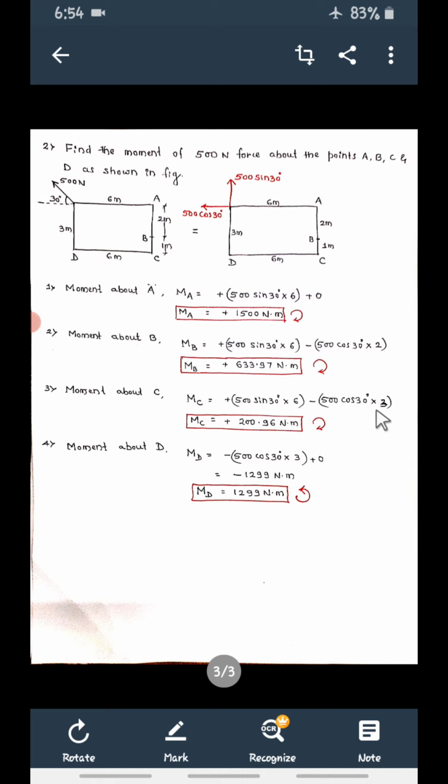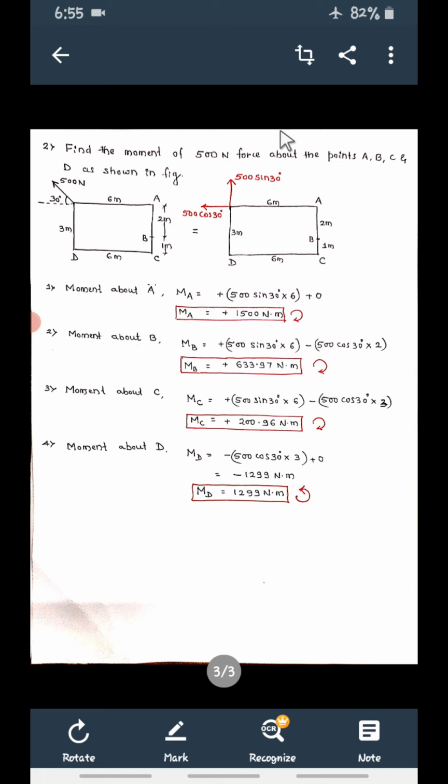Again you will get plus 200.96 Newton meter. Moment about C is 200.96 Newton meter. Plus means it is clockwise rotation, you have to show.